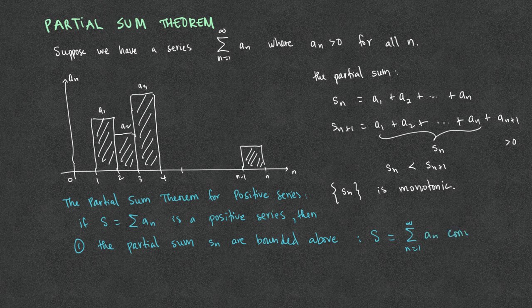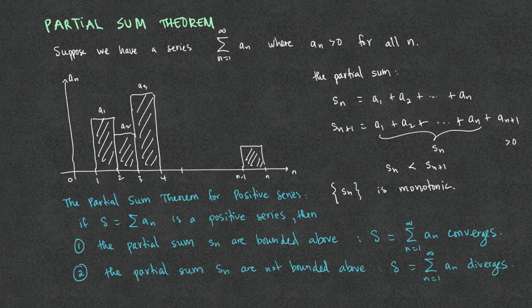This is because the sequence of the partial sums is increasing and bounded above, so by the monotonic bounded theorem, the sequence converges. Two, the partial sums S sub n are not bounded above. In this case, the series diverges. If it is not bounded above, then the limit will never be finite.